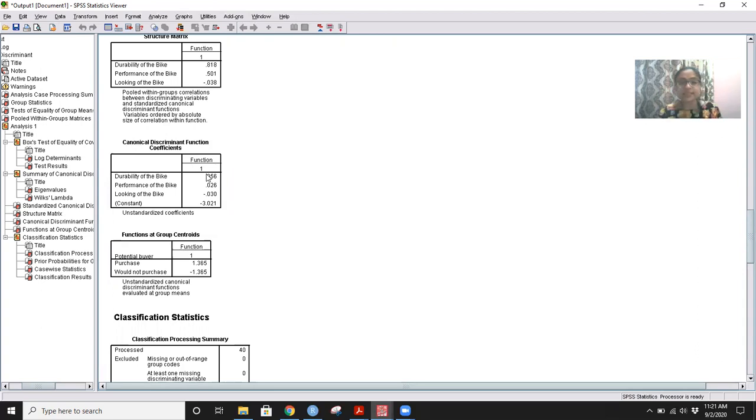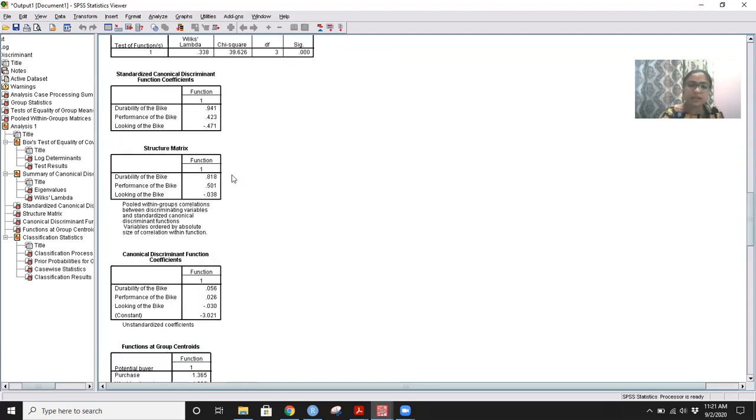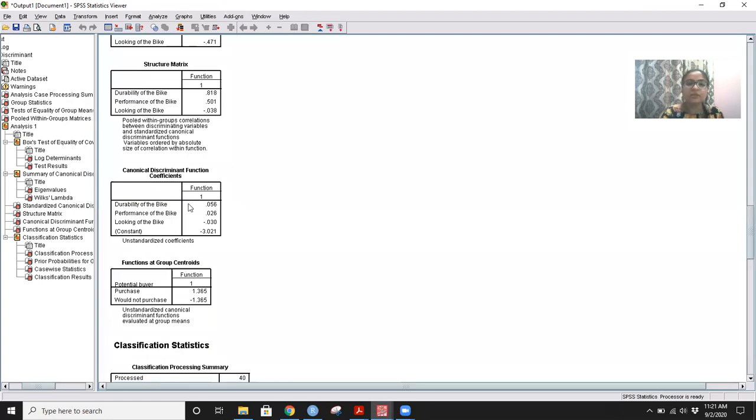They can be interpreted as the multiple regression coefficient betas, and they tell us the unique contribution of independent variables to the discriminant function. So they provide information on the relative importance of each independent variable, just like your standardized coefficients did. The higher value means the more important that independent variable.